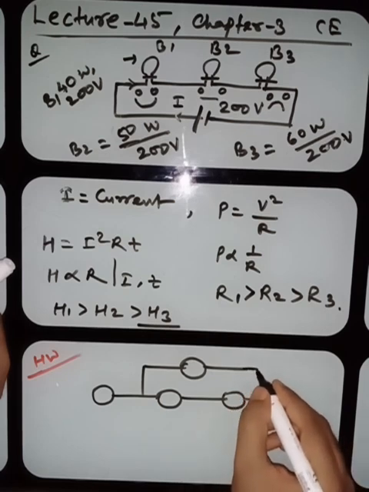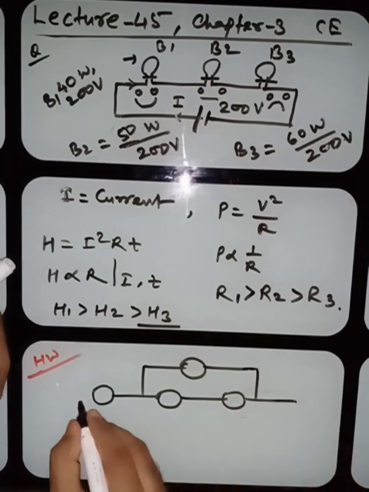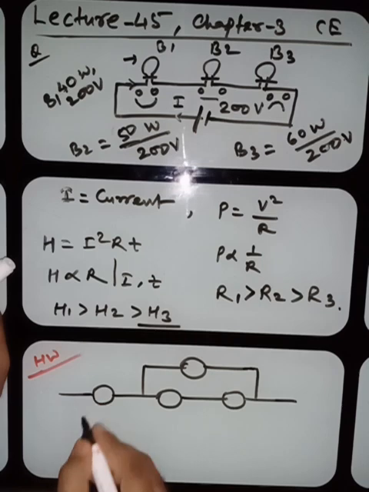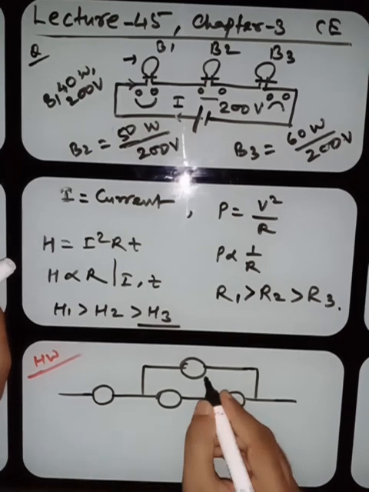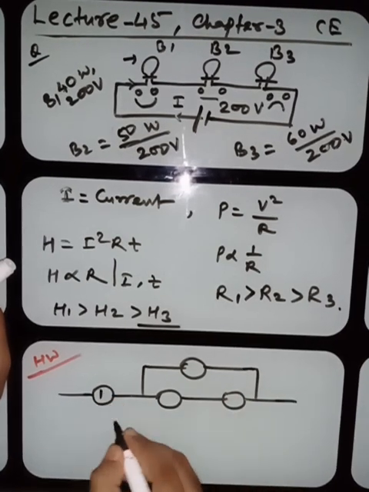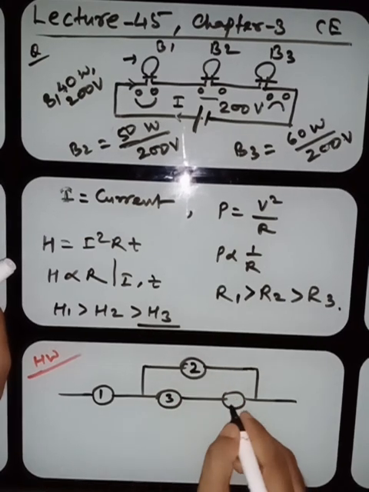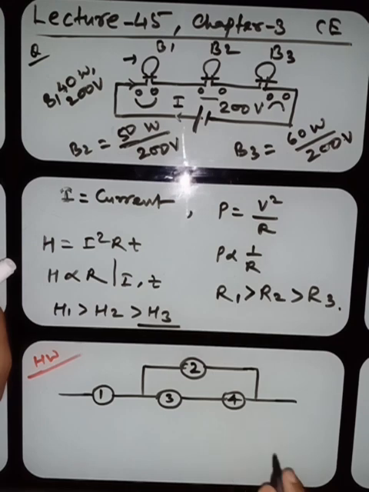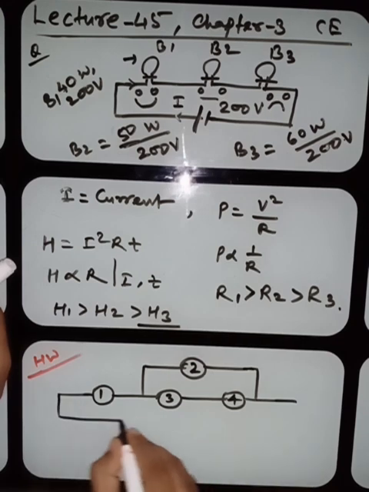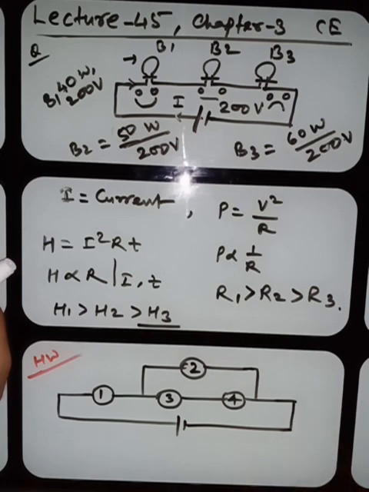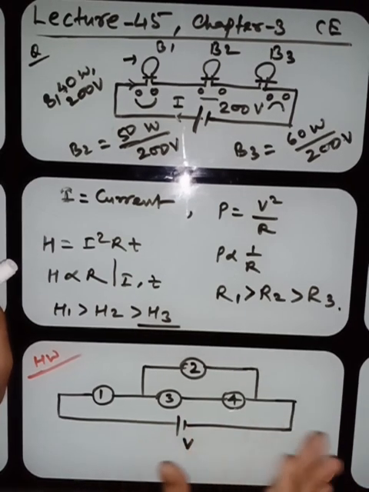I have to switch off my fan while making this video, my dear students, so that you will not get any noise. 1, 2, 3 and 4. These are the 4 bulbs, and they are connected with a source of V. All the bulbs are identical.